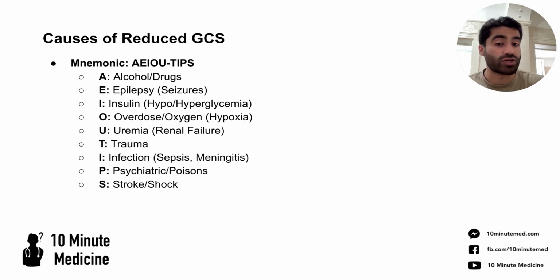So it's always important to check your glucose when you're doing an A to E assessment. Overdoses, so it links to the drugs, and hypoxic states. Uremia, trauma, infection, psychiatric and poisons. Again, it's similar to the drugs, and stroke or shocked patients, with a severely shocked patient in septic shock or any other kind may result in an impaired conscious level and a reduced GCS.